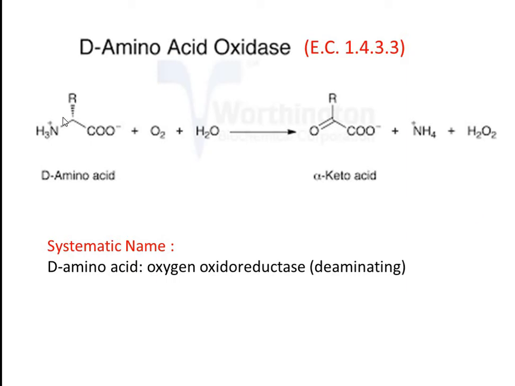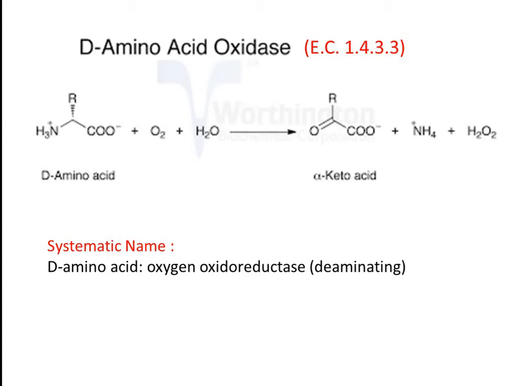The second digit 4 indicates that the donor of the hydrogen group is a primary amine. From the third digit 3, we understand that this hydrogen, which was donated by the primary amine, is accepted by oxygen, and the fourth digit 3 indicates the specific substrate, that is the D-amino acids.